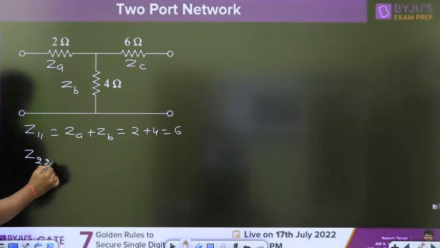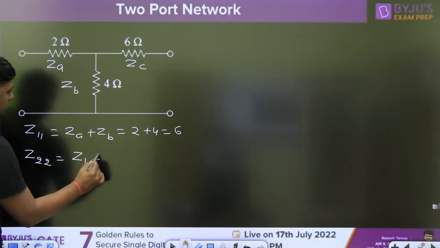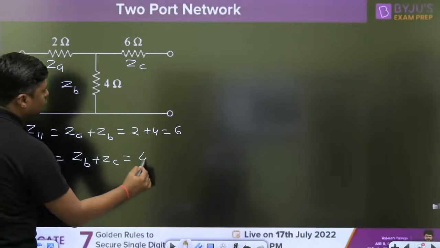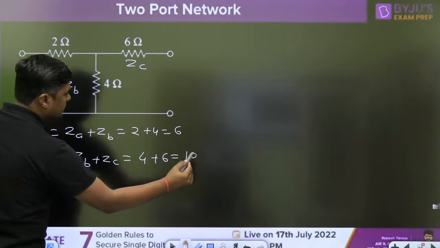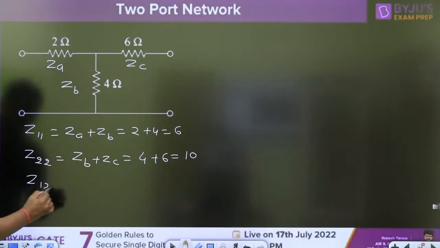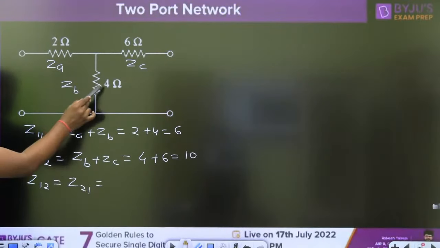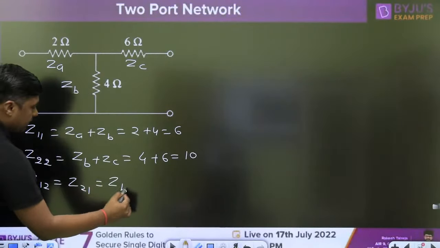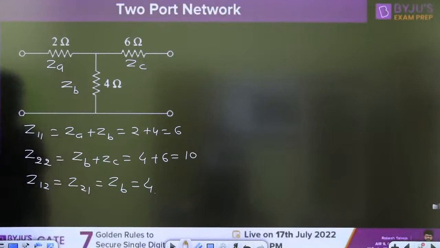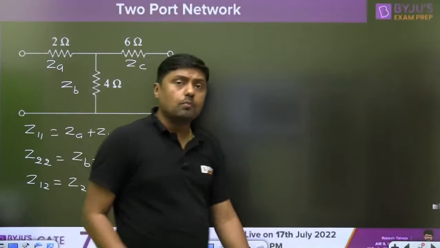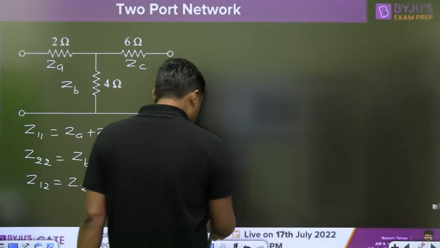What is Z22? ZB plus ZC, 4 plus 6, that is equal to 10. And Z12 is equal to Z21, because it is a reciprocal network. This is 4, ZB. Get all the Z parameters, the unit is ohm. Okay, then use the conversion formula.